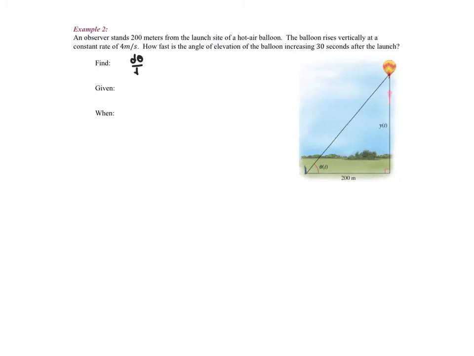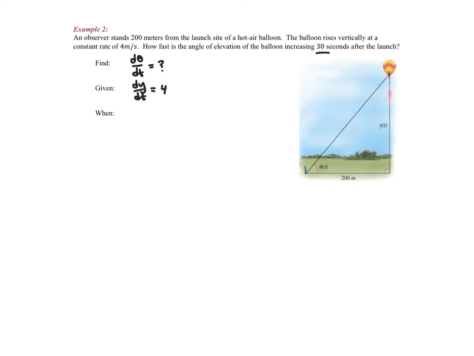That's the change in the angle with respect to time. Okay, we are given that the balloon is rising vertically at a rate of 4 meters per second. That tells me dy/dt is equal to 4.